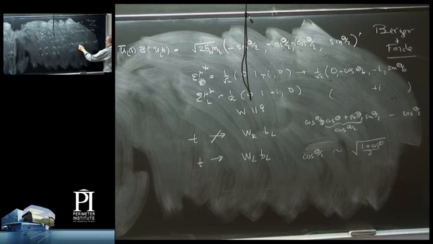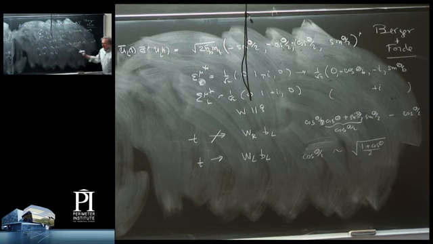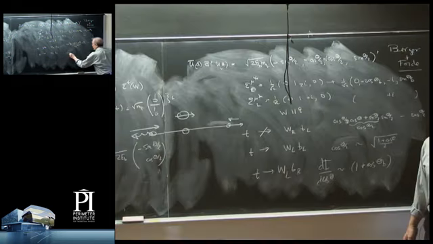And you can see that this is exactly cosine theta over 2. In this case, they add, so you get a matrix element proportional to cosine theta over 2. Cosine theta over 2 is the square root of 1 plus cosine theta.